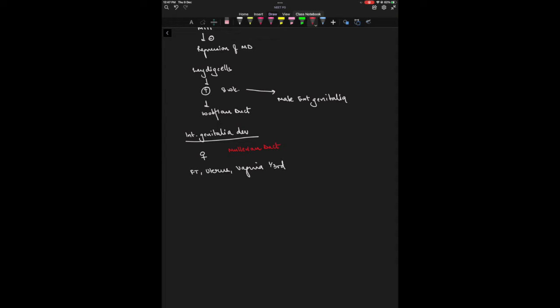The lower two third is formed by the urogenital sinus, which we will read in embryology. Now, what happens is that since there are no Sertoli cells in the females, MIH will not be secreted, and therefore Mullerian duct is formed, giving rise to the female internal genitalia, like the fallopian tube, uterus, and the upper one third of the vagina.